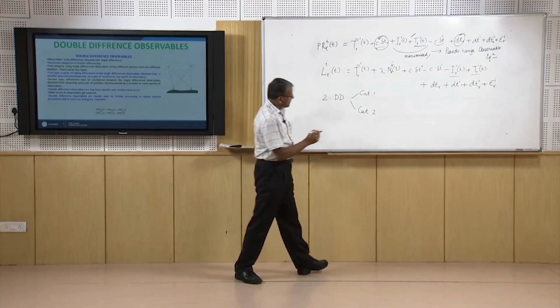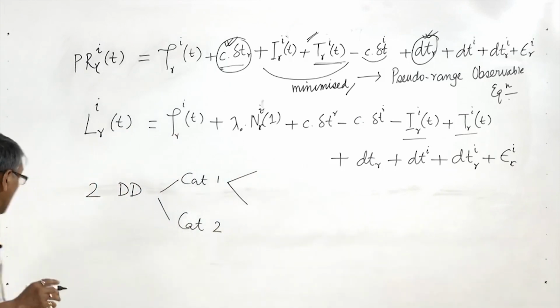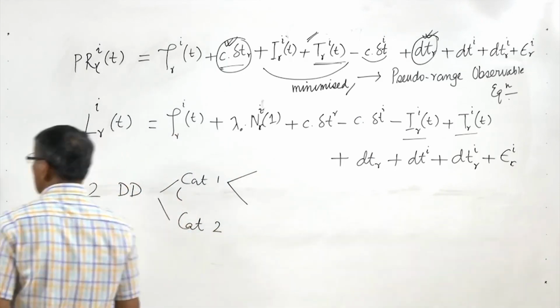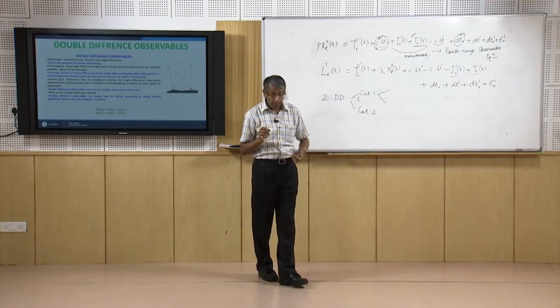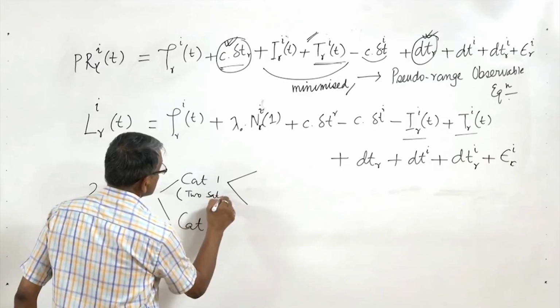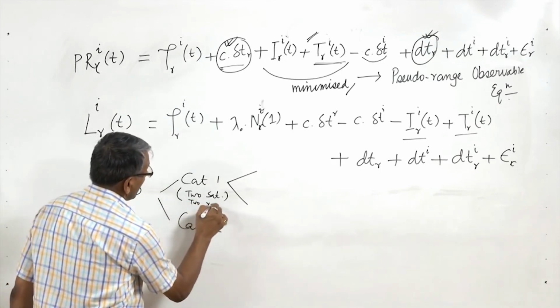Again under category 1 there may be two types. Now in category 1 we will consider signals or observables from two different satellites and two receivers.